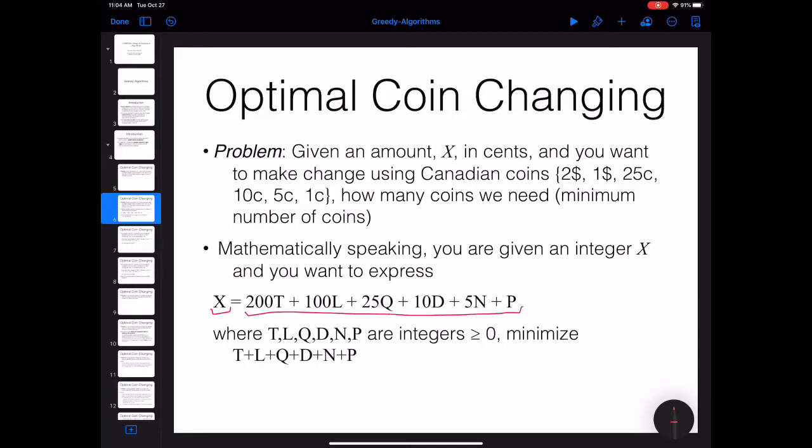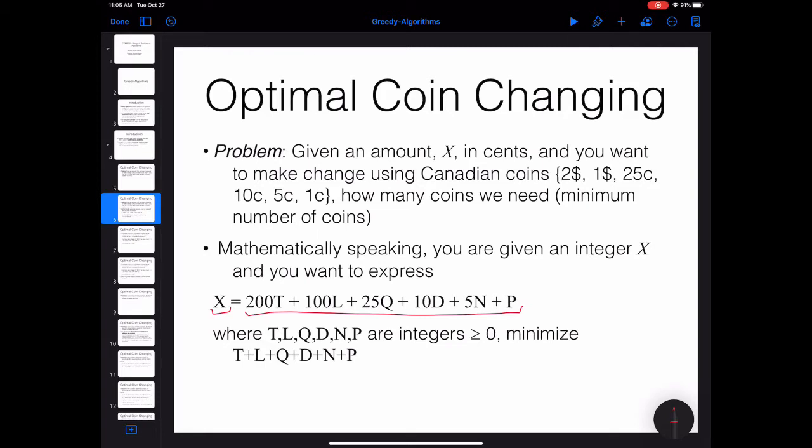T is going to be the number of toonies that you need to change X, L is the number of loonies, Q is the number of quarters, D is the number of 10 cents, N is the number of nickels, P is the number of pennies that I used.